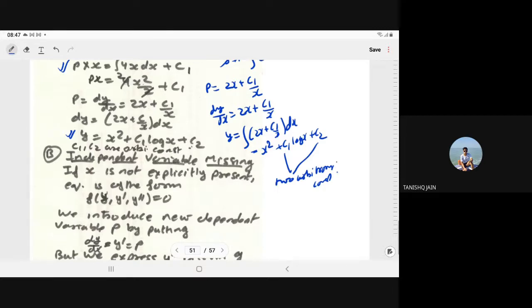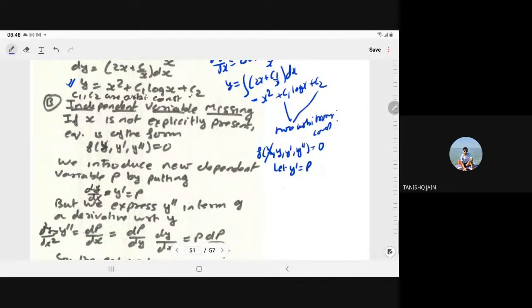Now I have told you the standard second order differential equation is f of x, y, y dash, y double dash is equal to 0. By chance, if the independent variable is missing, that is, x is missing, here you assume let y dash is equal to p.